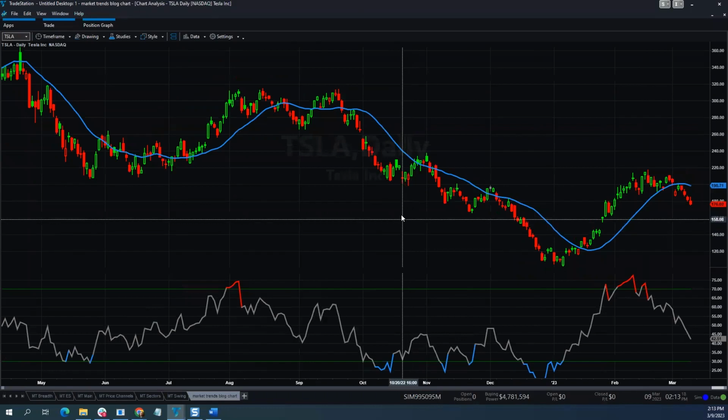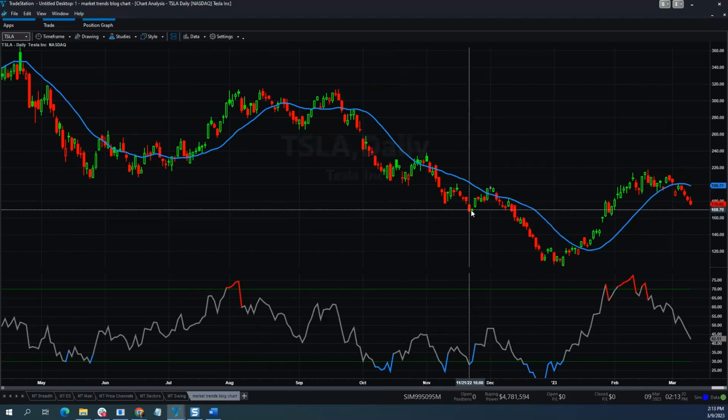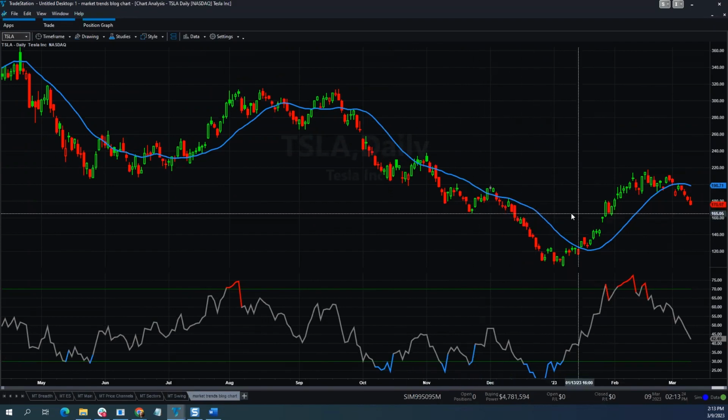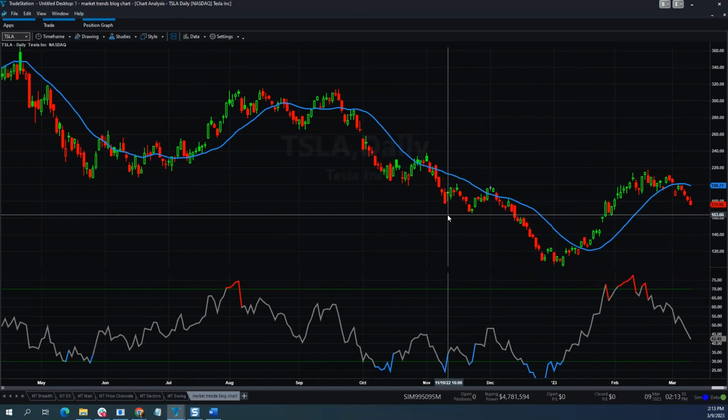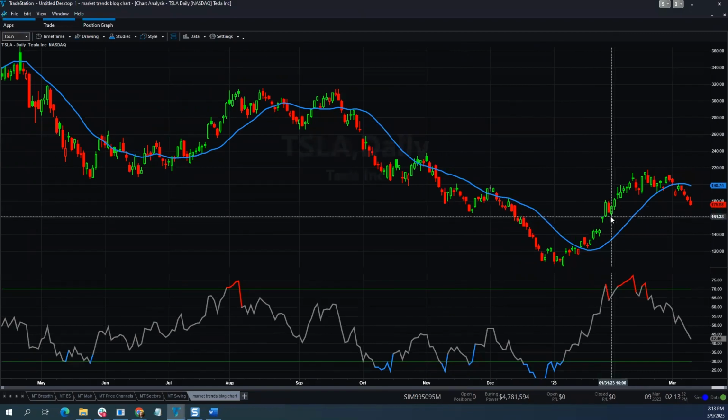What stands out to me is this low, and then you also have this consolidation period through here. So from my perspective, looking closer to 165 is probably where people are going to be, possibly down to even the 161, 162 area from here. So it still has some space.